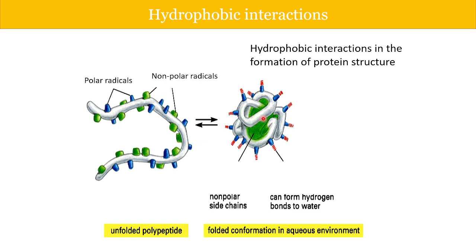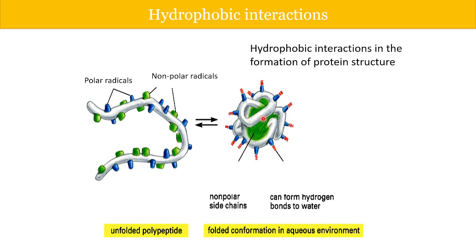So these are the non-polar radicals that fold back inside, and how stable the core of a protein is depends on how well the protein is folded and how well the hydrophobic residues are arranged inside. So hydrophobic residues are responsible for forming the core. So what is the driving force for the formation of these hydrophobic interactions?